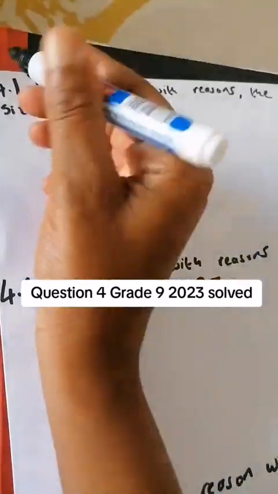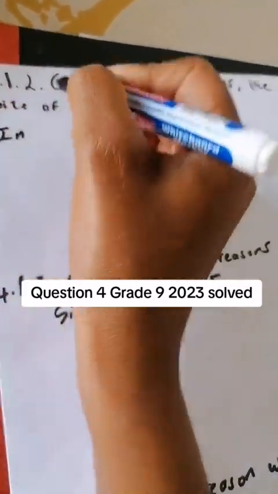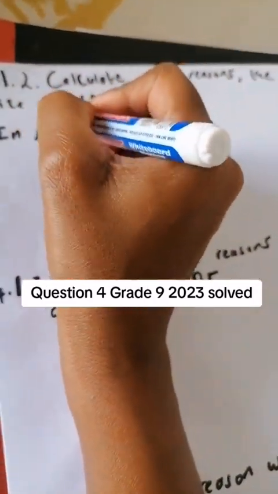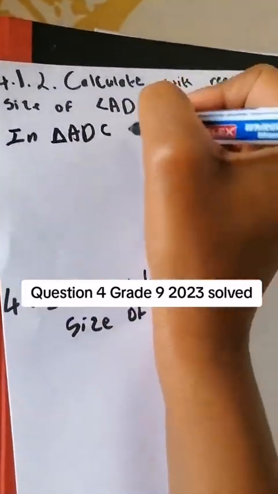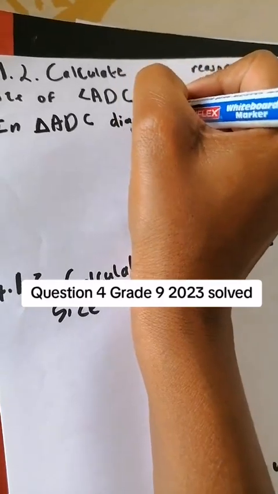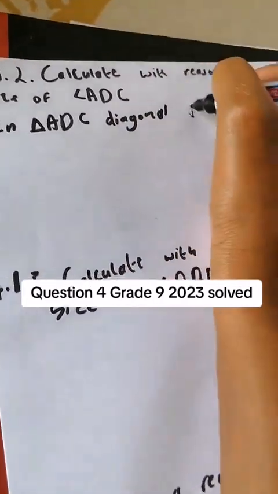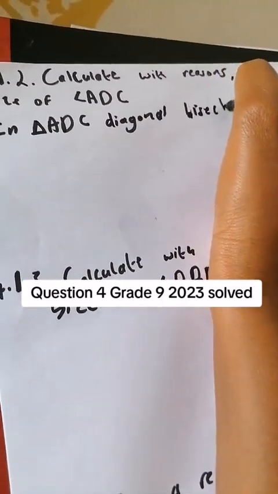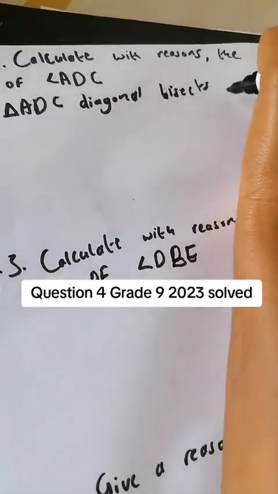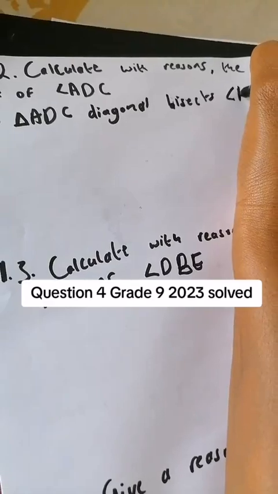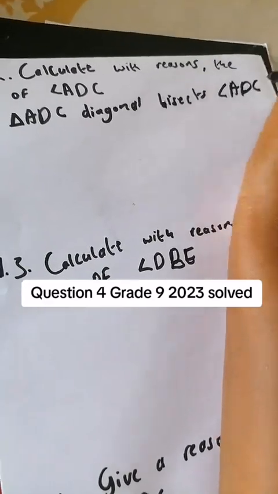So your reason, you can say in triangle ADC, diagonal bisects angle ADC.